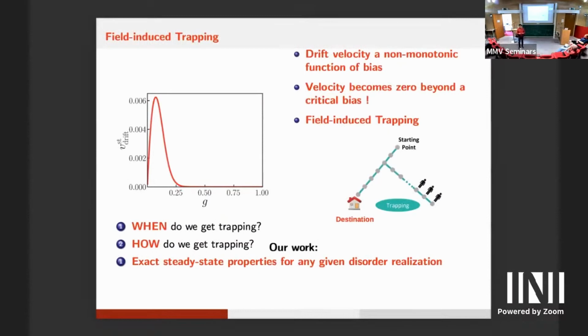The fact that you have trapping beyond a certain critical bias, barring specifics, is a very general scenario: if you have trajectories that don't lead you from top to bottom and you try to push from above, this kind of thing is going to happen generically. But specifics will of course depend on the particular model, the parameters of the model that you invoke to study the problem.